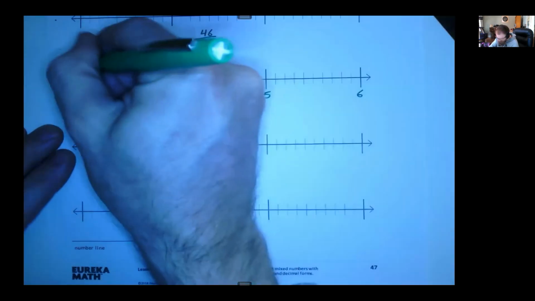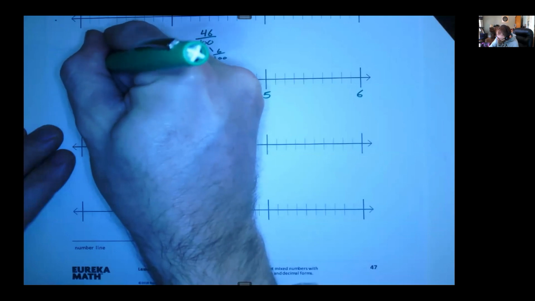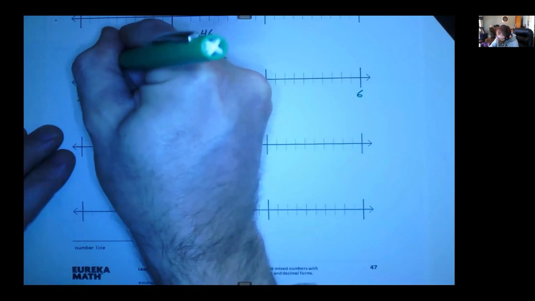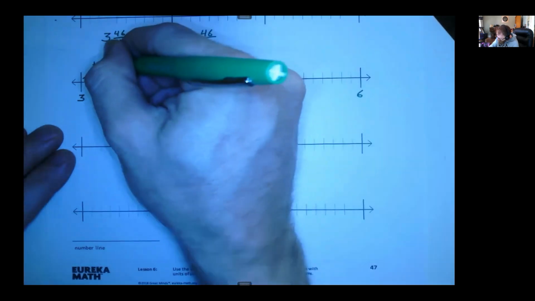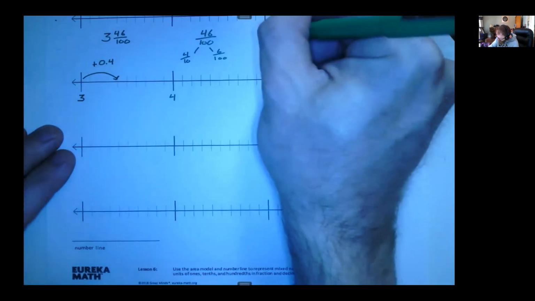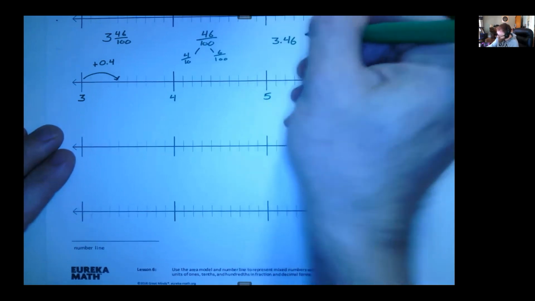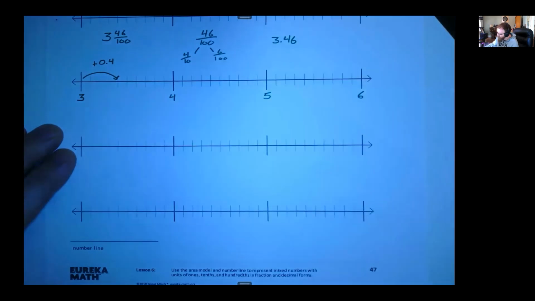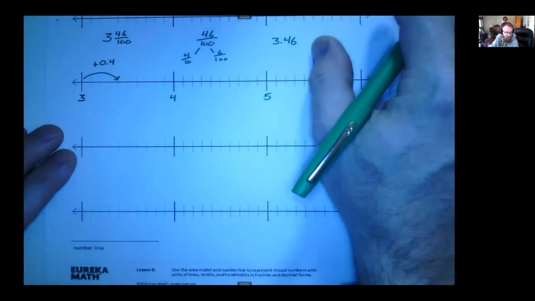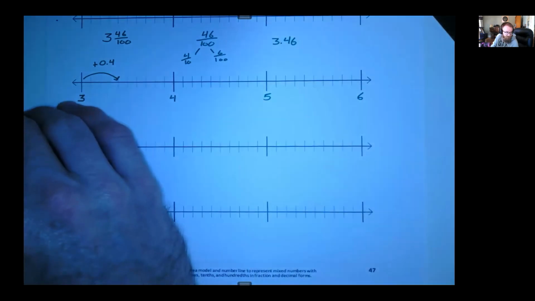And that arrow represents plus 4 tenths, which can be shown as 0.4, right? If we're using decimals, 3 and 46 hundredths is the same as 3.46, which is also read as 3 and 46 hundredths. I just say 3 and 0.46 to represent the decimal during a lesson. They both represent the same value, and they're read the same way.